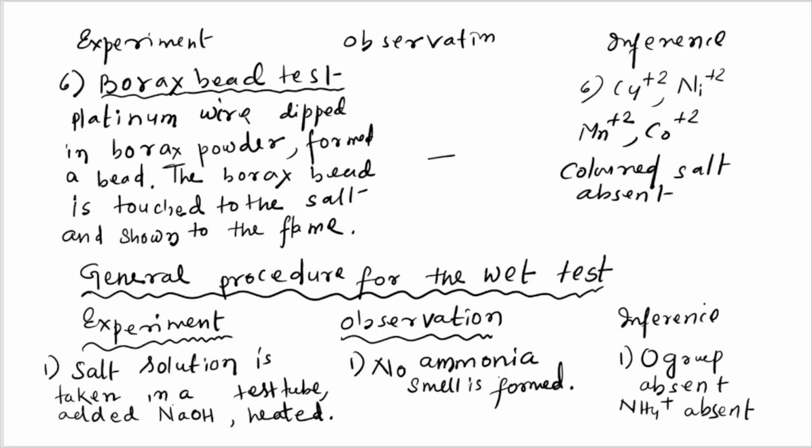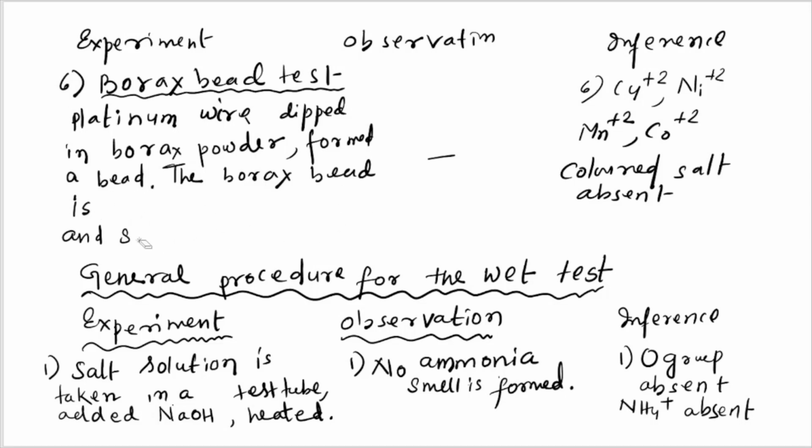So here you can write: platinum wire is dipped in borax powder to form a bead. The borax bead is touched to the salt and shown to the flame. Or here you can write that since the salt is not colored, this test is not necessary.